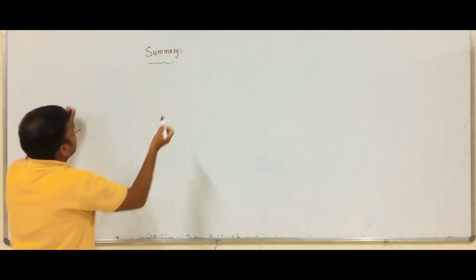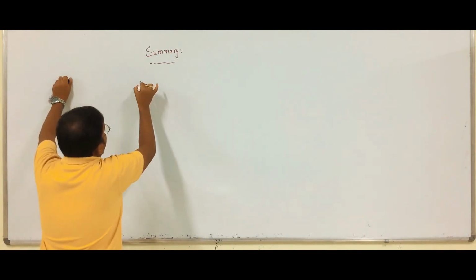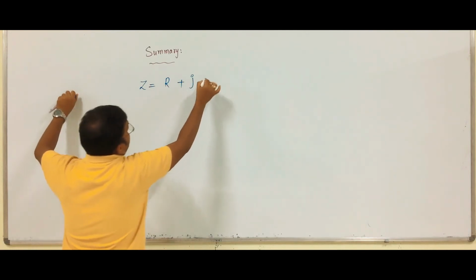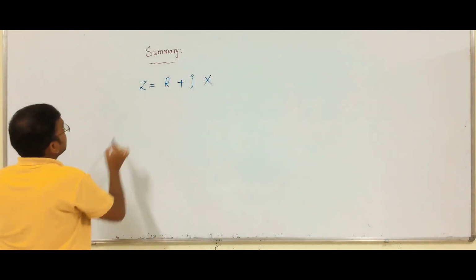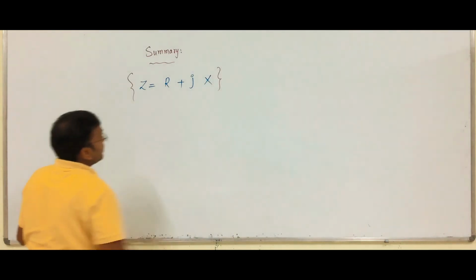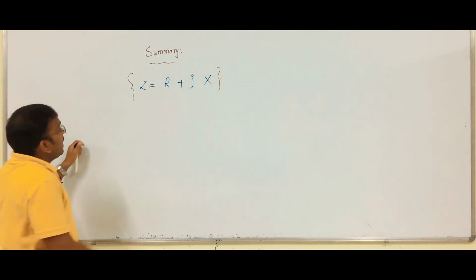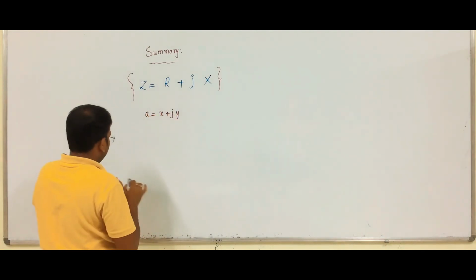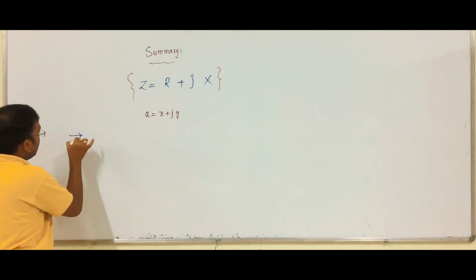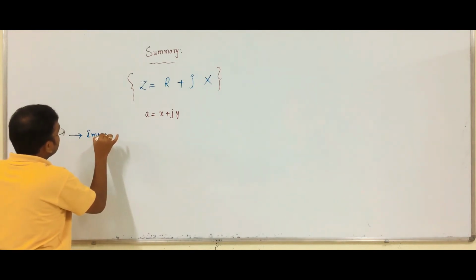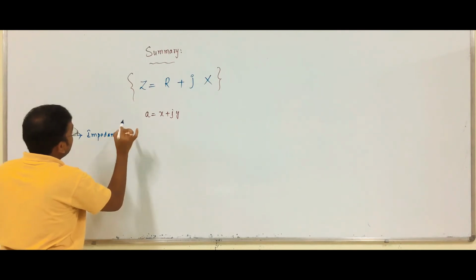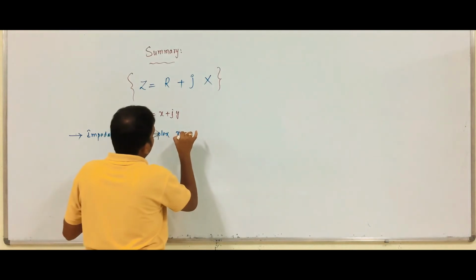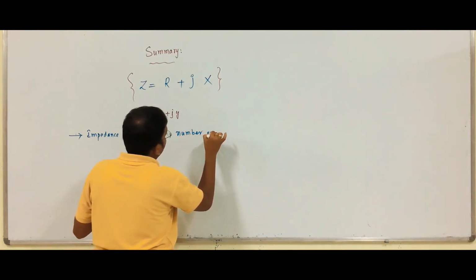Summary: Z is equal to R plus jX. See, from this, it looks like A is equal to X plus jY, right? First point is, impedance is a complex number only.